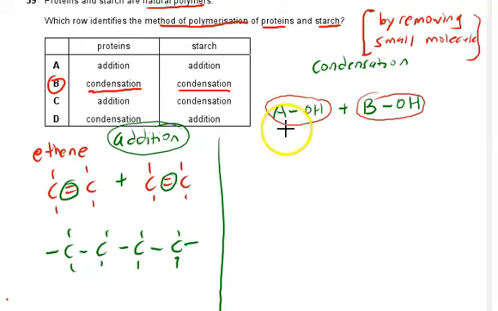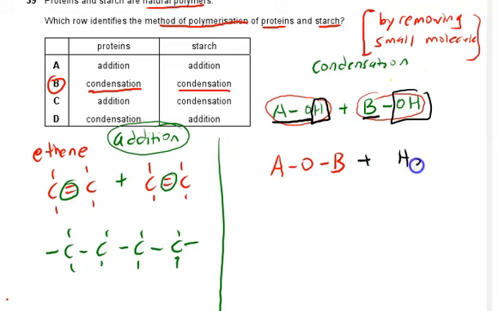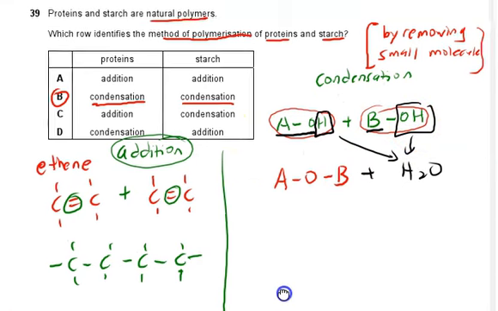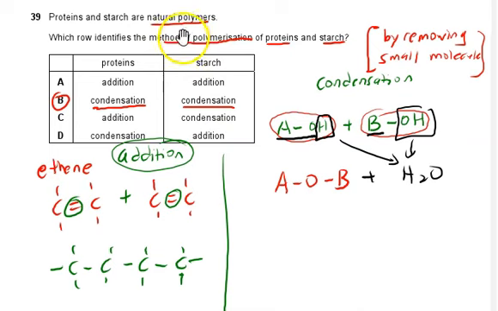So A, O and B will be combined, and the rest, the hydrogen and the OH, will be separated to form the water. This is condensation. Most of the natural polymers have the condensation polymerization process.